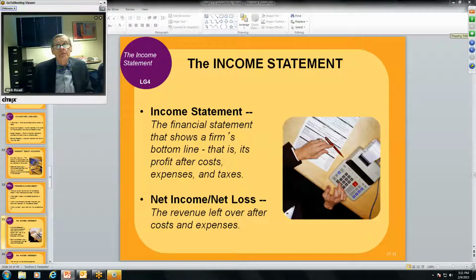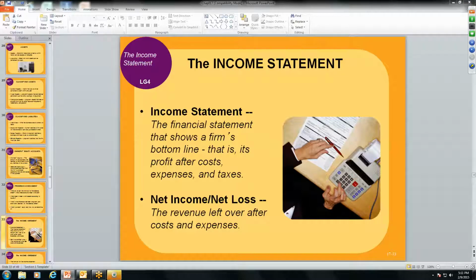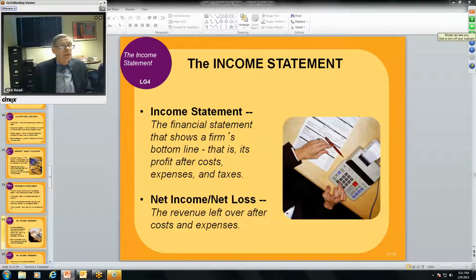Income statement. Again, something that we need to know about, and it just tells us where we are. Profit after costs, expenses, and taxes. Now we want that to be at least even, preferably on the plus side.